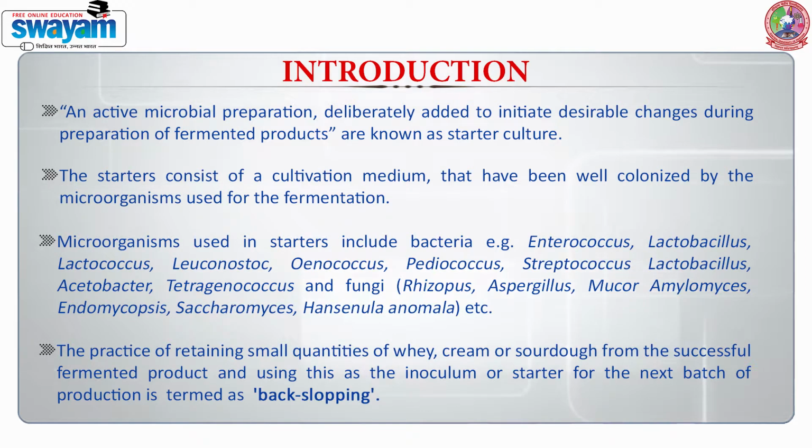The practice of retaining a small quantity of whey, cream or sourdough from a successful fermented product and using it as an inoculum or a starter for the next batch of production is termed back slopping.